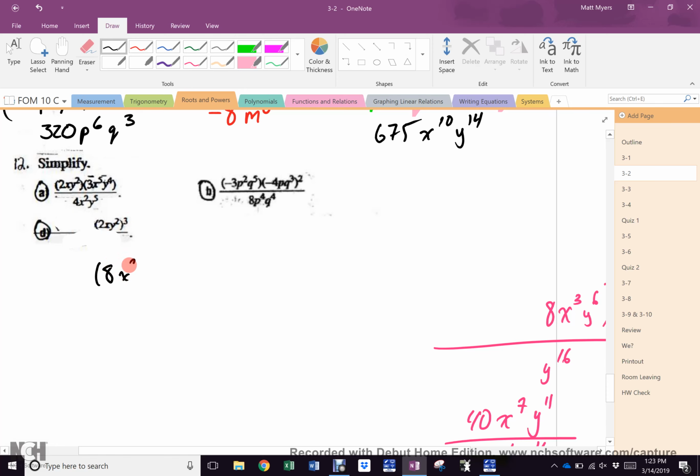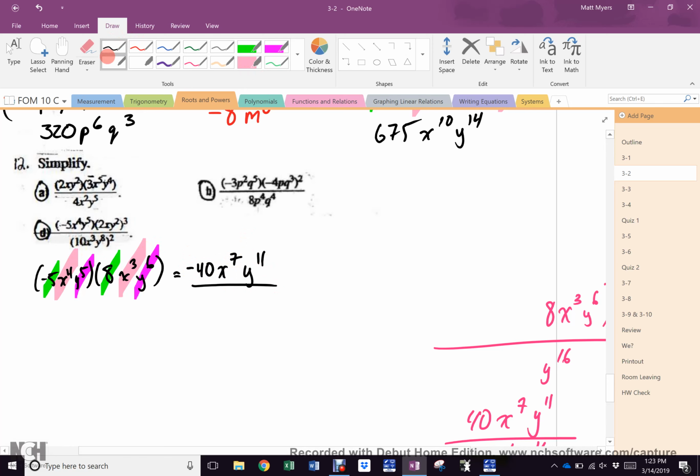X cubed, y to the 6th. Now I'm going to deal with the rest of the numerator. Negative 5, x^4, y^5. Numbers with numbers. What's negative 8 times 5? Negative 40. Letter with letter. X to the 7th. And letter with letter. Y to the 11th. Over.